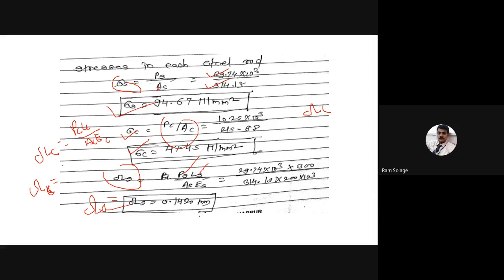After getting the conditions 1 and 2, we are calculating the value of PC and PS. After getting the value of PC and PS, we are calculating the value of sigma S and sigma C, and then we are calculating the deformation of steel rod or copper rod. The deformation of copper rod and steel rod will be the same, so we are calculating just the value of delta LS. Now, if you have any problems in problem number 1, please ask me.